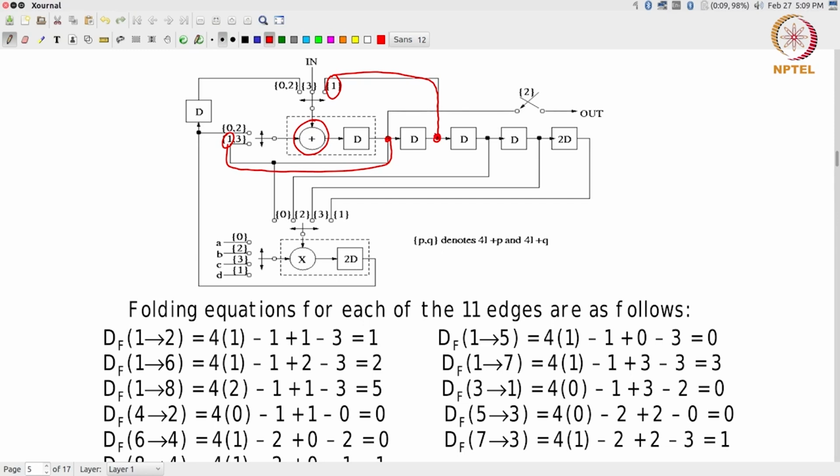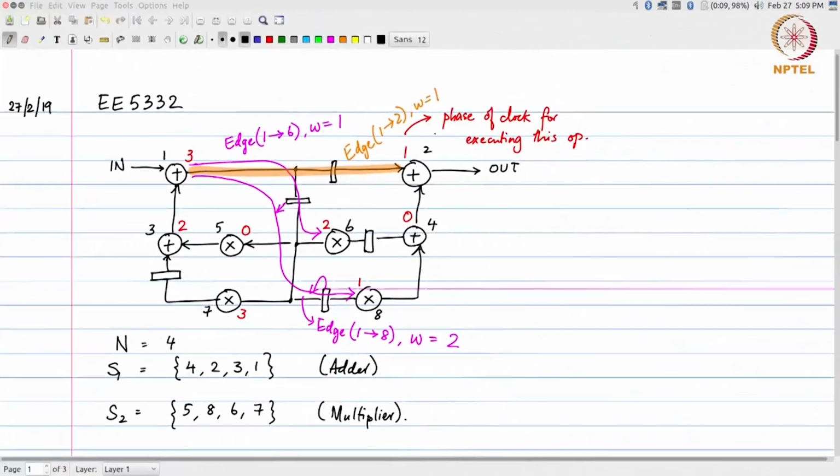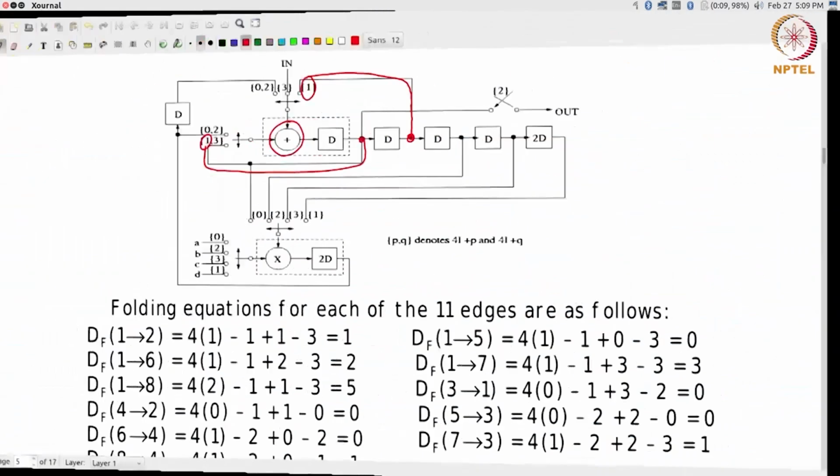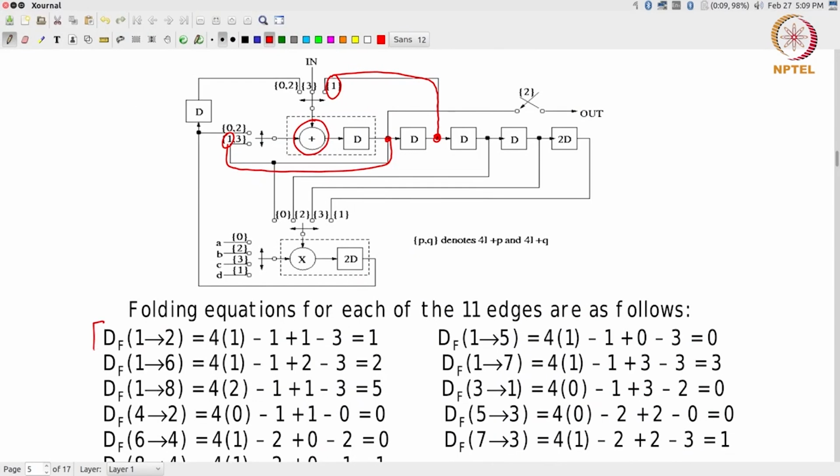right. So what does that correspond to? If I go back and look at operation number 2, it had two input edges, one from 1 to 2, the other was from 4 to 2. So df from 1 to 2 had a df value of 1, and from 4 to 2 had a value of 0.